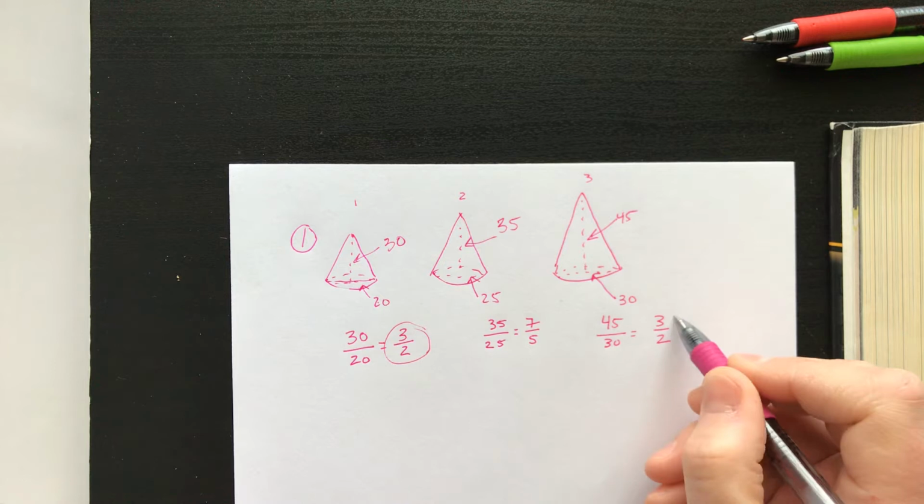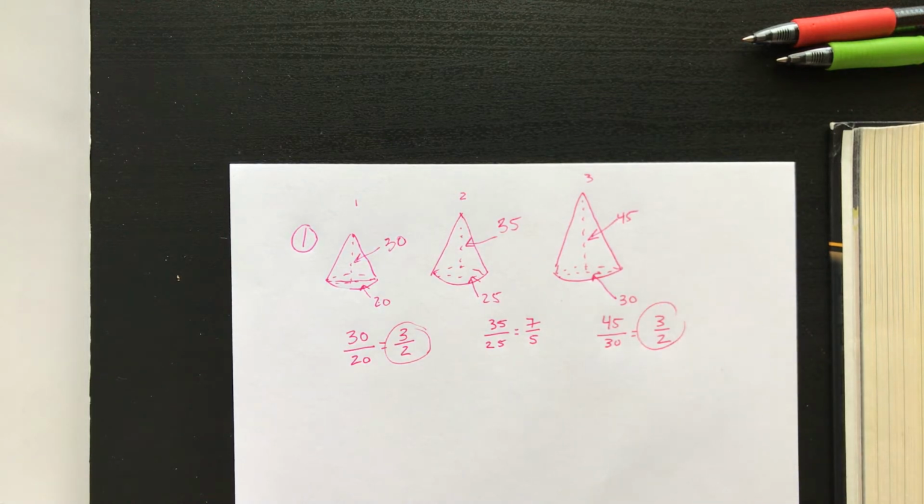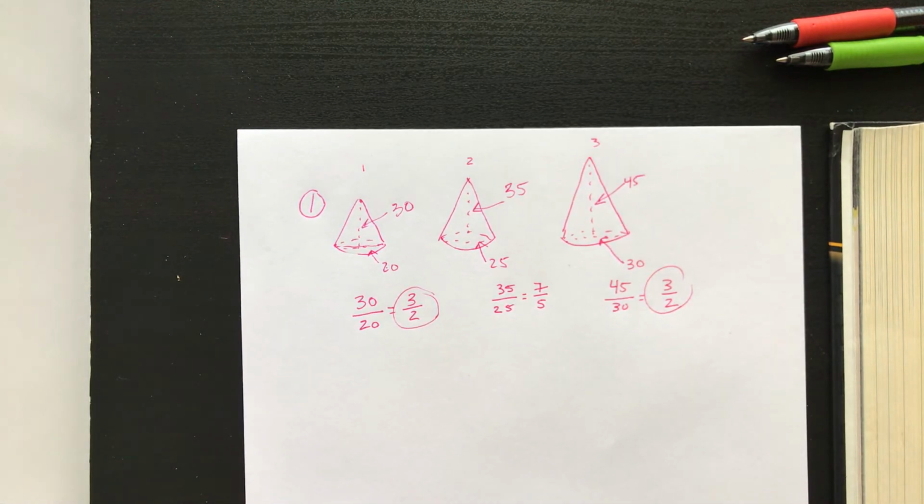So you can see the first and the third cones have exactly the same scale factor of 3/2, or it could be 2/3. So the answer would be cone 1 and cone 3 are the 2 similar, and the scale factor would be 3/2 or 2/3, all right?